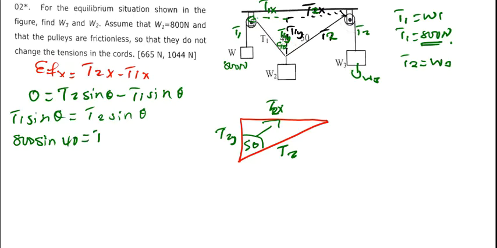Then T2 we don't know, it's the one we are trying to find. Sine 50 divided by sine 50, even here sine 50. So these will cancel out. Therefore my T2 will be equal to, so you do 800 sine 40 divided by sine 50.